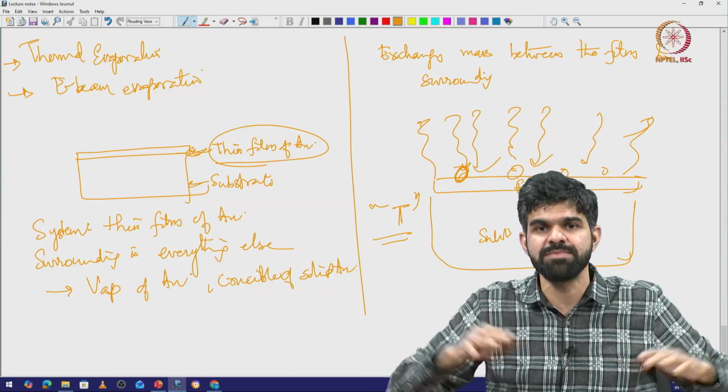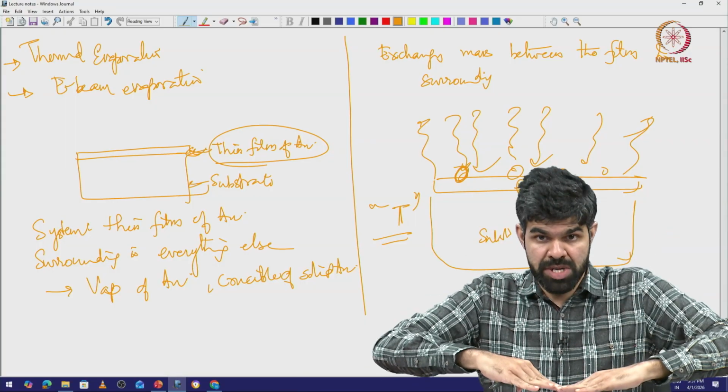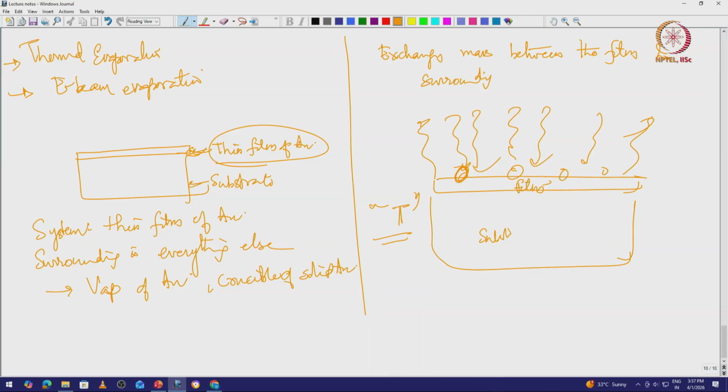So overall I have some deposition, but it is not as if the atoms are always coming and depositing; there is also desorption where the atoms are going out. So there is adsorption and desorption, and that is your mass exchange between system and surrounding.